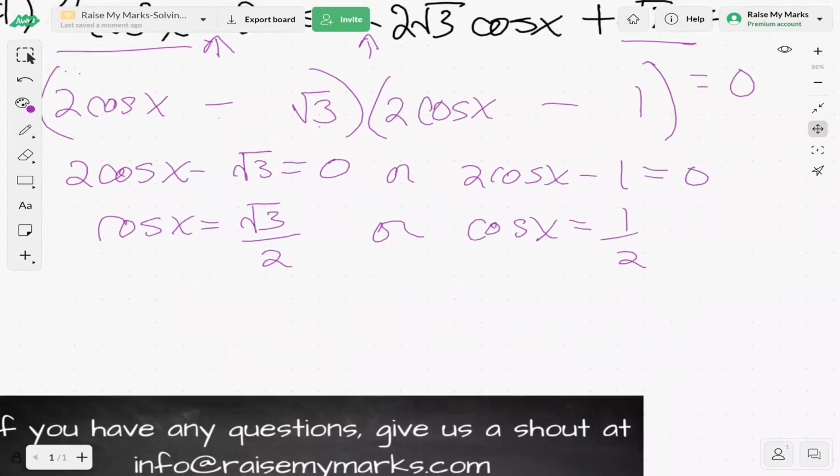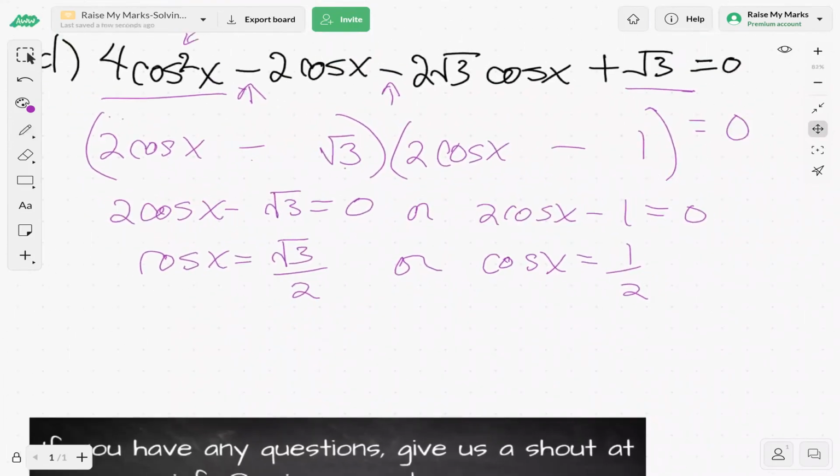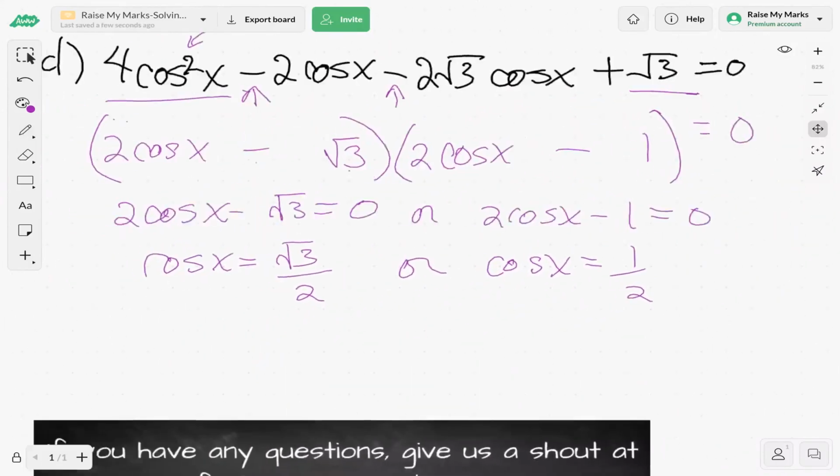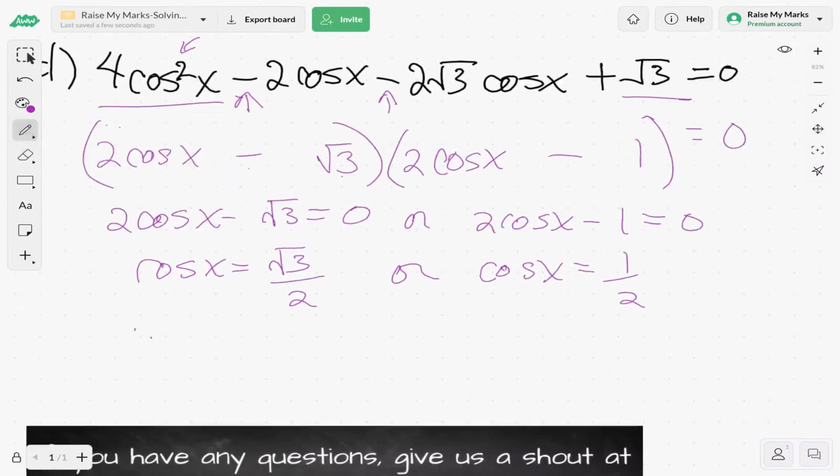Okay, so I'm running out of room. Again, we need to consider our special triangles. So I'll just squeeze it in at the bottom here. It's a little small. Okay, let's make it a little bigger. We have our special triangle with 60 degrees and 30 degrees. Our side lengths are root 3, 2, and 1.